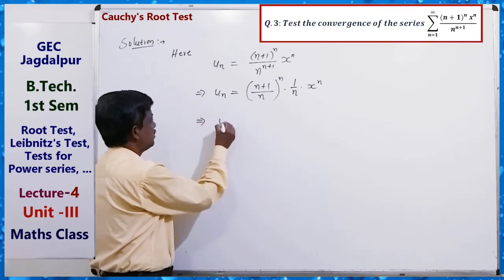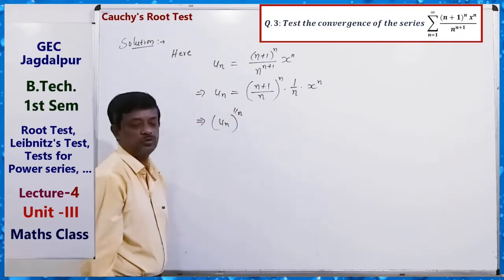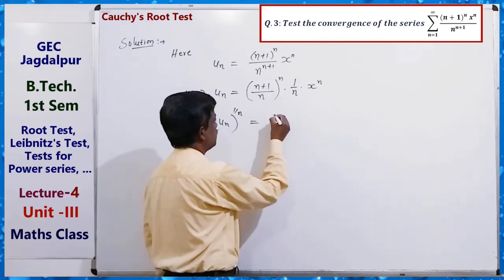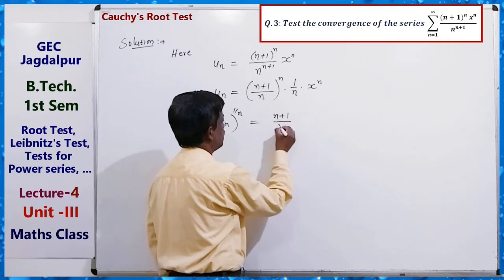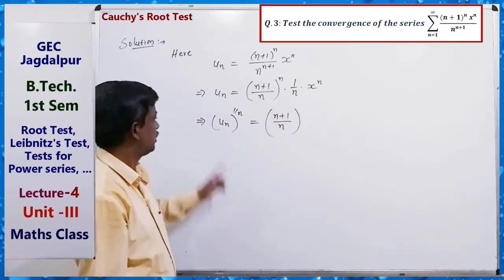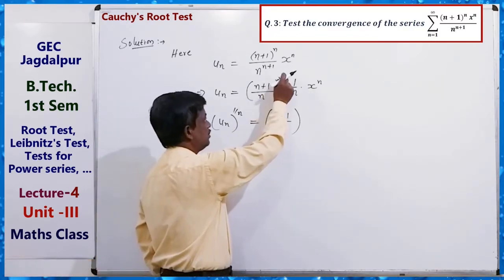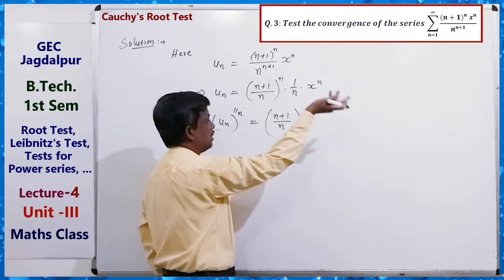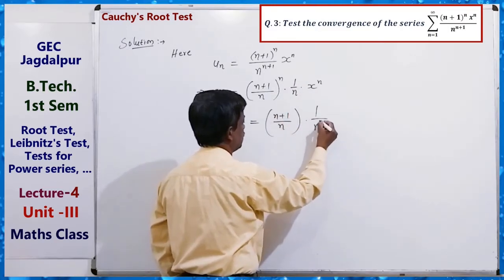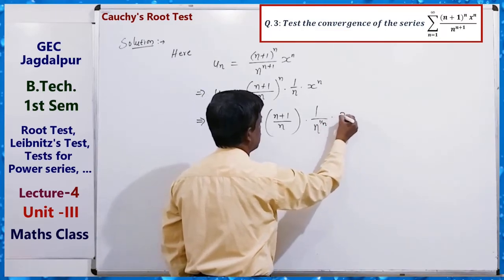This implies un power 1 by n. Just take the nth root, taking the nth root on both sides. Then we get n plus 1 upon n, into 1 upon n to the power 1 by n, into x.